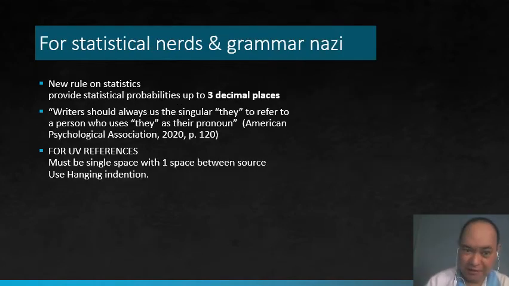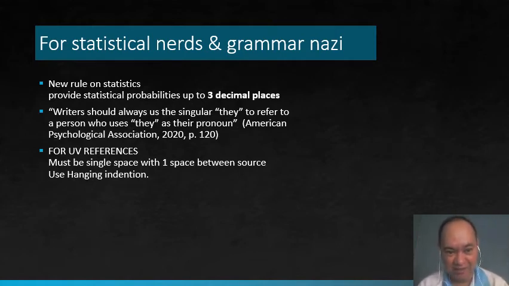For statistical nerds and grammar Nazis, we have the following tips. A new rule in statistics provides that statistical probabilities up to 3 decimal places are required. So some researchers would write 2 decimal places, but APA requires 3 decimal places.